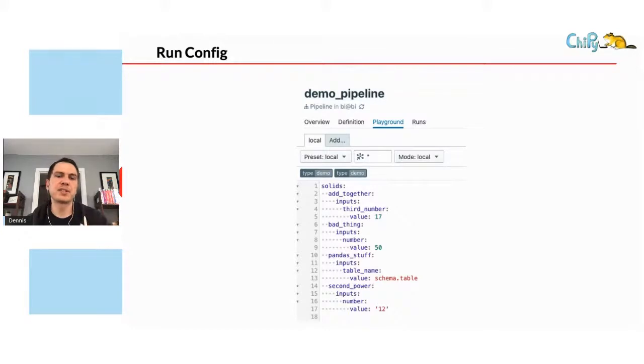So in order to actually run this pipeline, we need to set those values as well. You can set and change these at execution time, and you can save these configurations, and this is what presets are. Presets are just these predefined values for running your pipeline. So next slide.